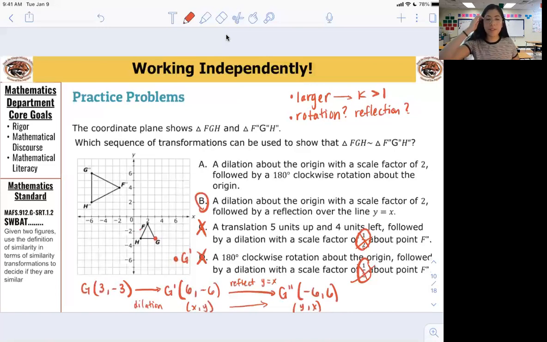The other thing I want you to realize is that if this had been a rotation, if it had just rotated, would the G end up on top like it is here, or would it have been on the bottom? It would be on the bottom, right? Think about it.